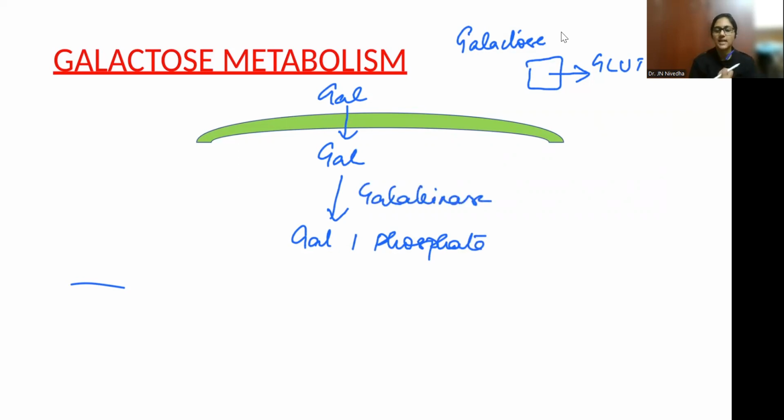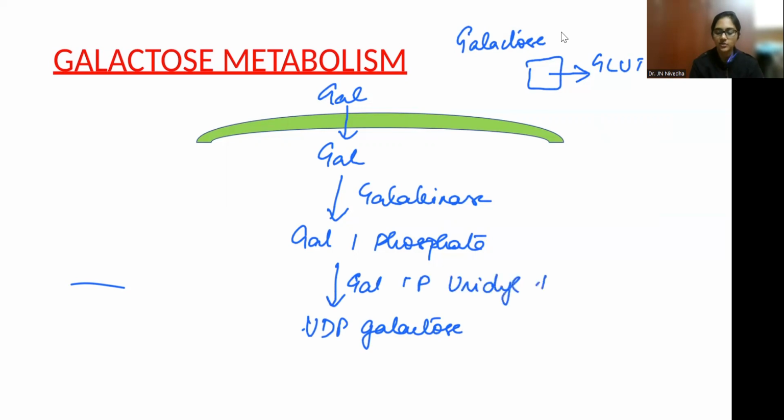Now this galactose 1-phosphate is converted to UDP galactose with the help of the enzyme galactose 1-phosphate uridyl transferase. Using this enzyme, UDP galactose is formed.